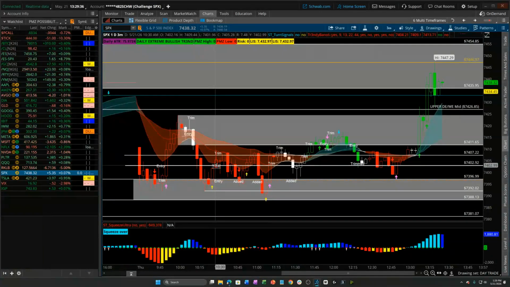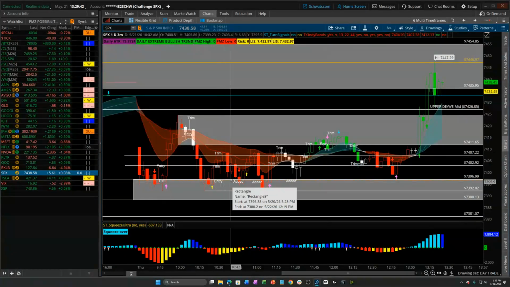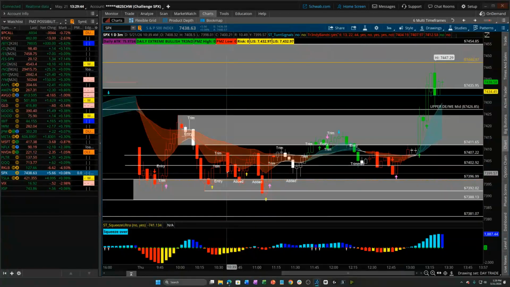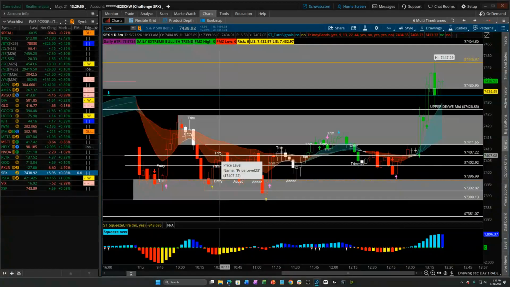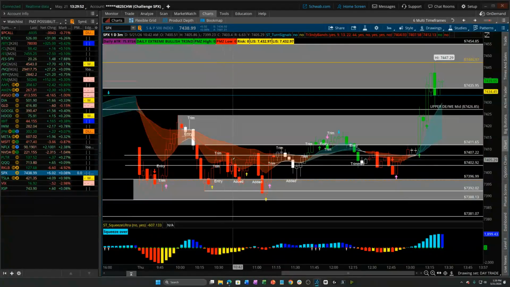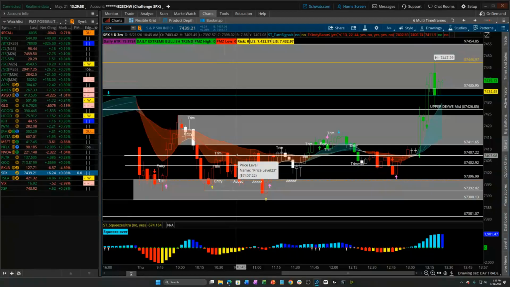The bottom of the PMZ was my first target. The top of the PMZ was my second target. Then I said, you know what? This is looking like a choppy day, guys. I'm going to take the PMZ off the chart and I'm going to trade the chop.